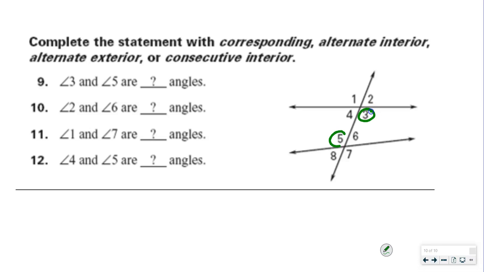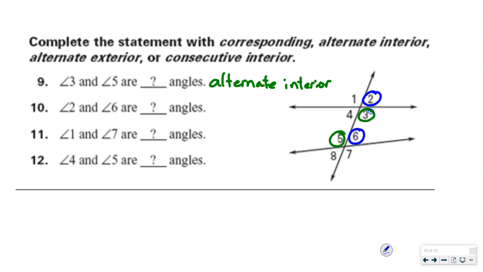All right, number 9, we have angles 3 and 5. They are on opposite sides of the transversal inside the two lines. So that would be alternate interior angles. Then number 10, we have 2 and 6.